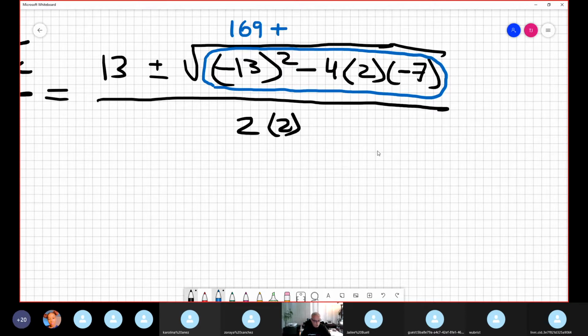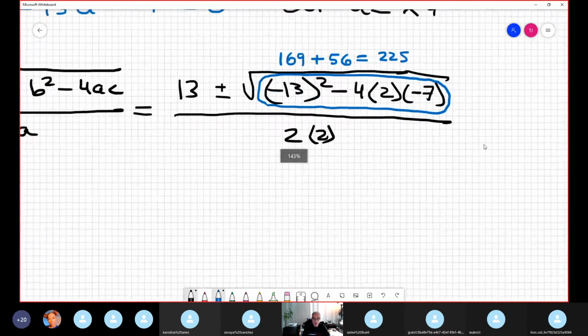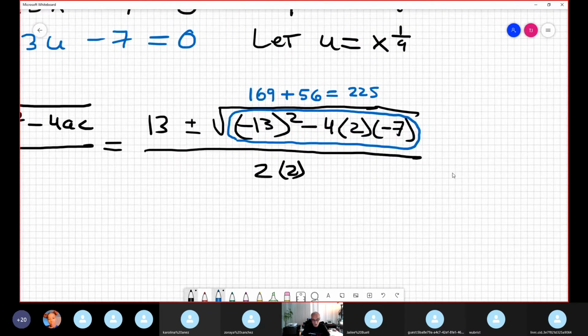And this is multiplication: 4 times 2 is 8 times 7 is 56. And when you add these, the answer is 225. Everything is using a calculator, guys. Sometimes it's hard doing by hand. You know arithmetic. This is called algebra. Now square root of 225 is 15.